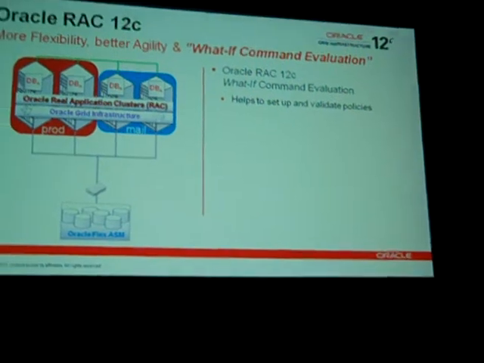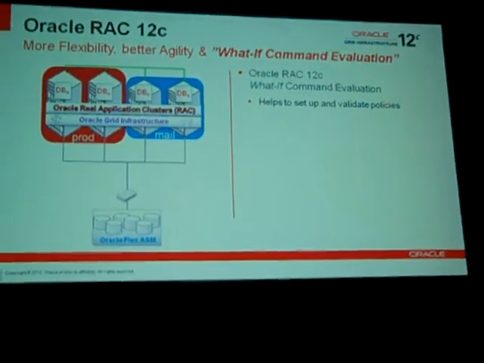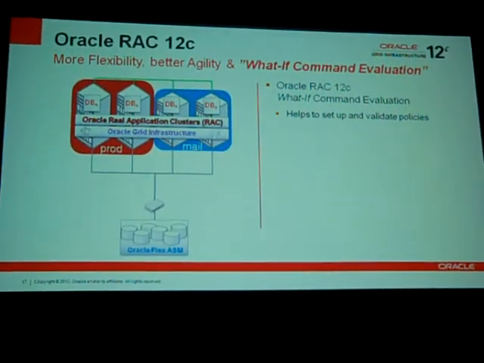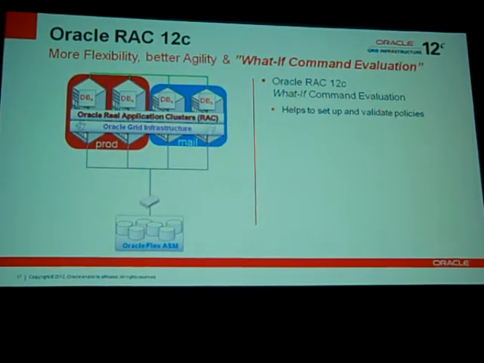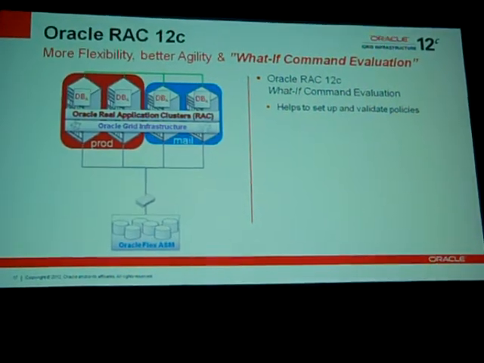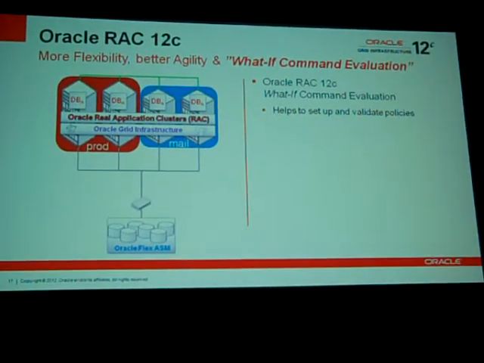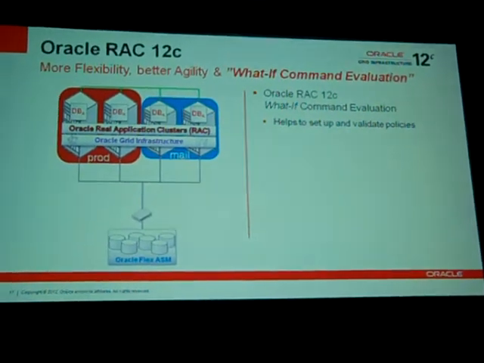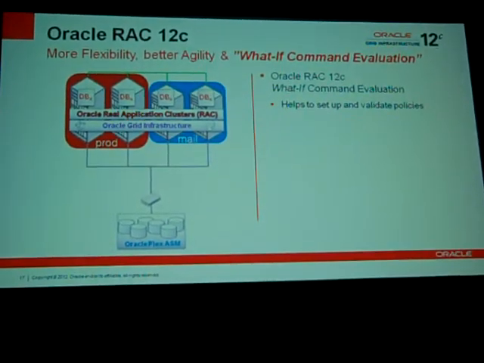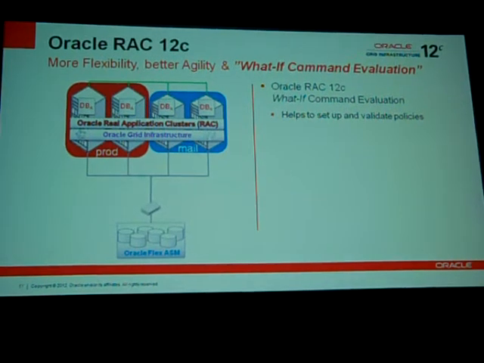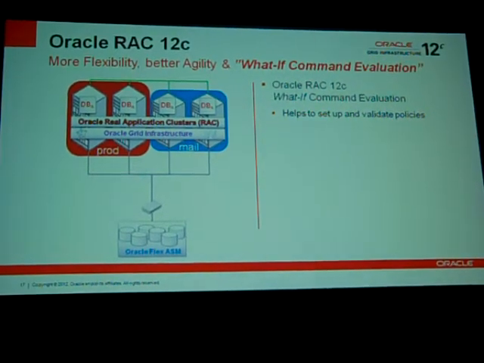Now, if you do a lot of automatic operation in your cluster, one feedback that we have received was we want to know how the cluster would behave if either a certain operation is issued or if a certain event is triggered. So what that means is the cluster can have a lot of resources.